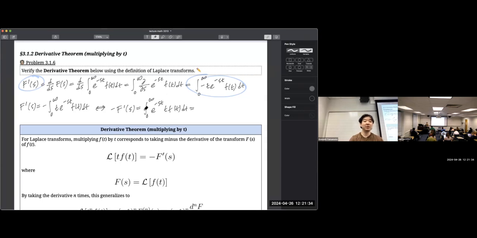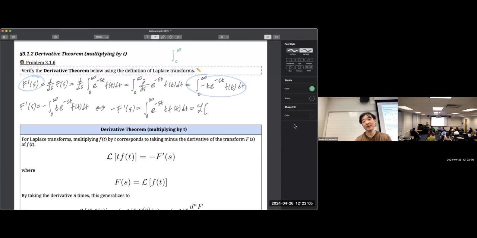If you look at this integral right here, this is actually the Laplace transform of what? Do you remember from the definition of the Laplace transform? The definition of the Laplace transform is the integral from 0 to infinity.